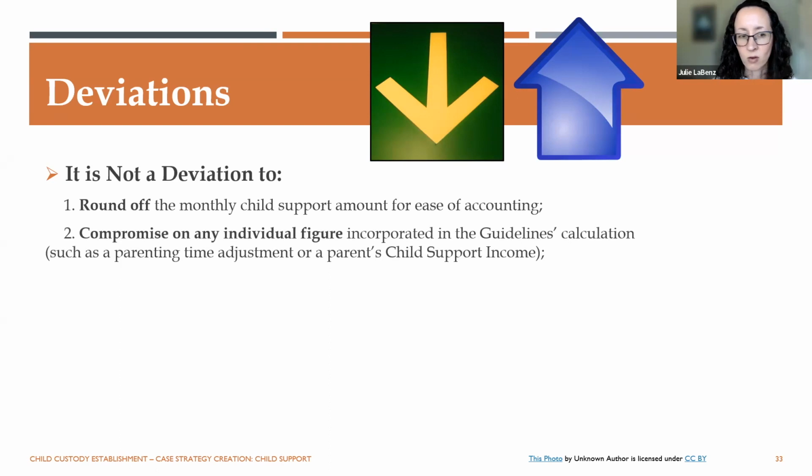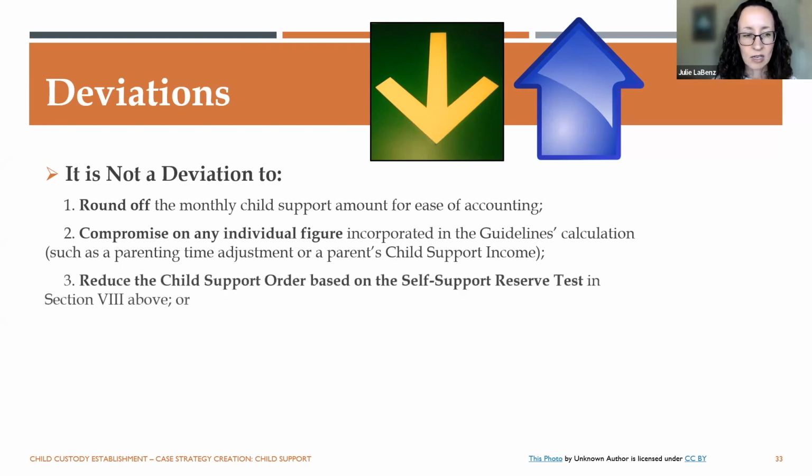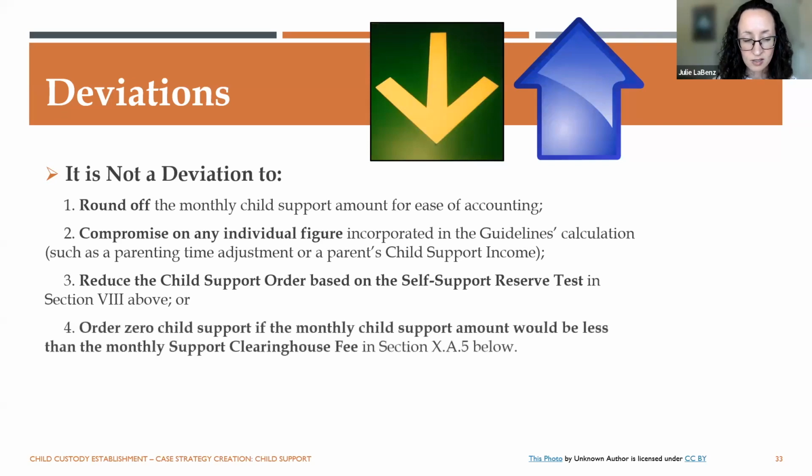You can round or compromise on those figures within the calculator, and that's not a deviation. It's not a deviation to reduce the child support order based on the self-support reserve test. It's not a deviation to order zero child support if the monthly child support amount would be less than the $8 monthly support clearinghouse fee.